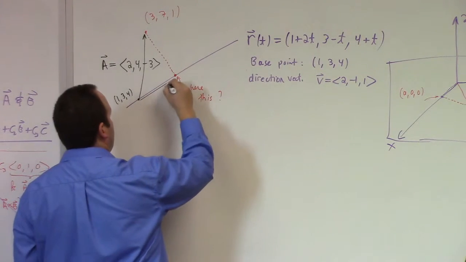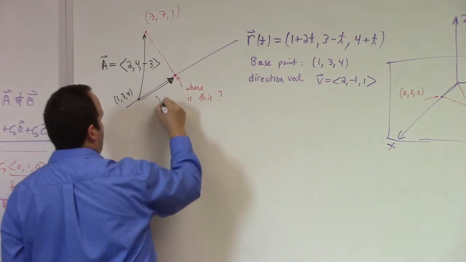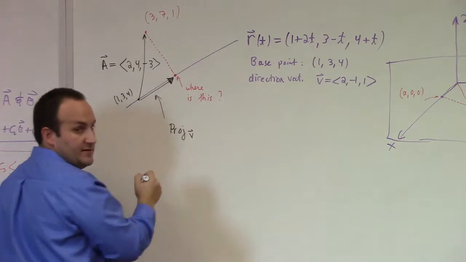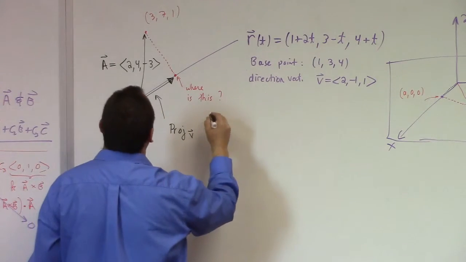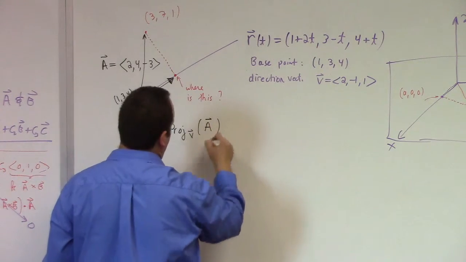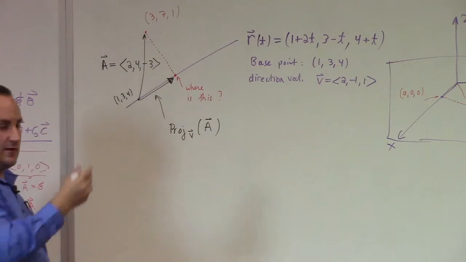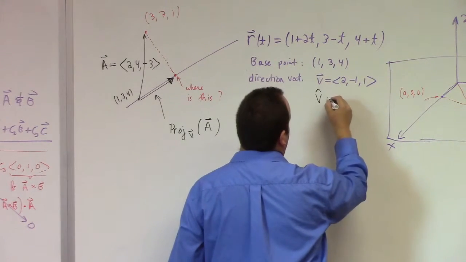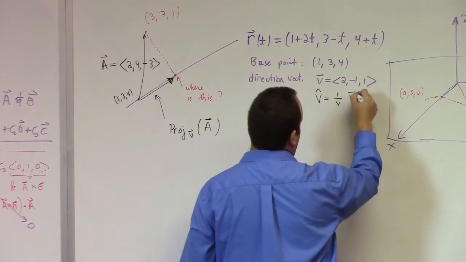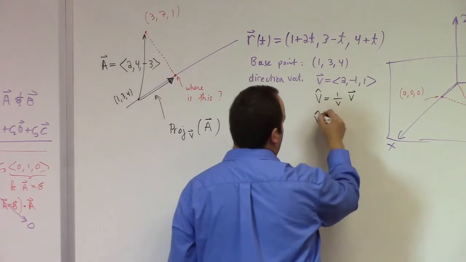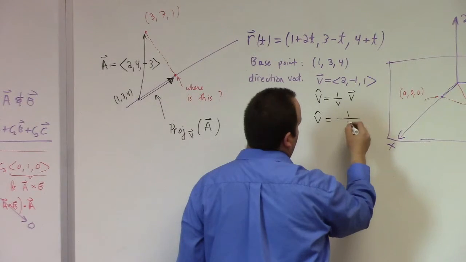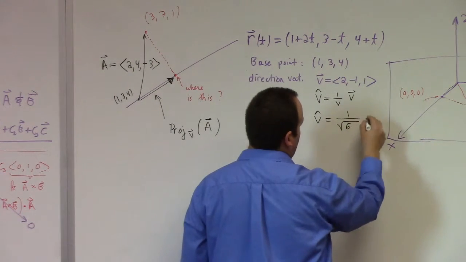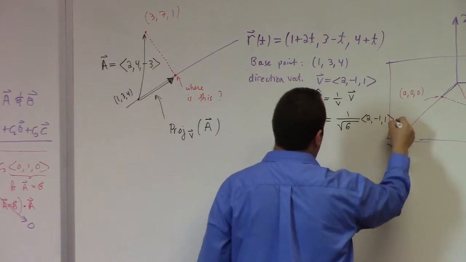Okay. Now here's where we use the projection. To get this vector down here, I'm going to get that from the projection onto the direction vector of the line of A. Now, what was that? Well, V, what's the unit vector in the V direction? It's 1 over V, right? So the direction vector V hat is 1 over the square root of what? 4 plus 1, the square root of 6. 2 minus 1, 1.